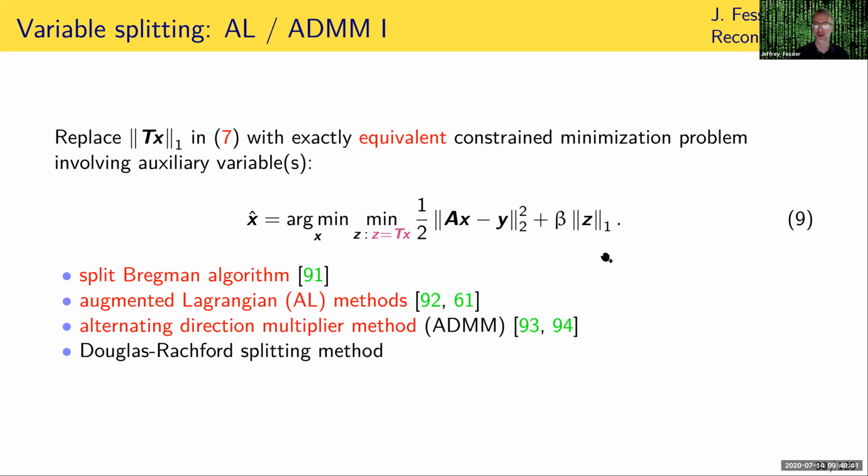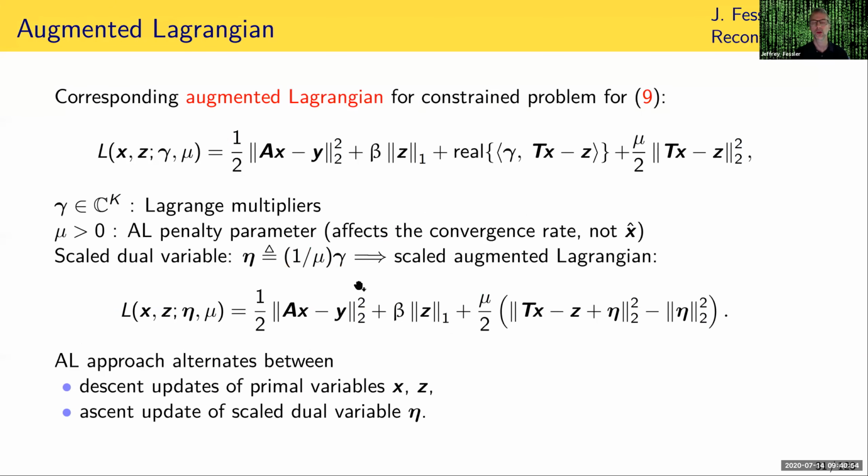And there's a whole bunch of related algorithms, split Bregman, augmented Lagrangian, ADMM, and Douglas-Rachford, that are all variations of, or often equivalent methods for, solving this constrained optimization problem.